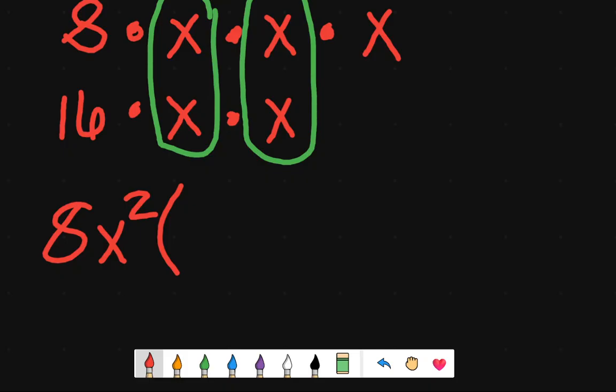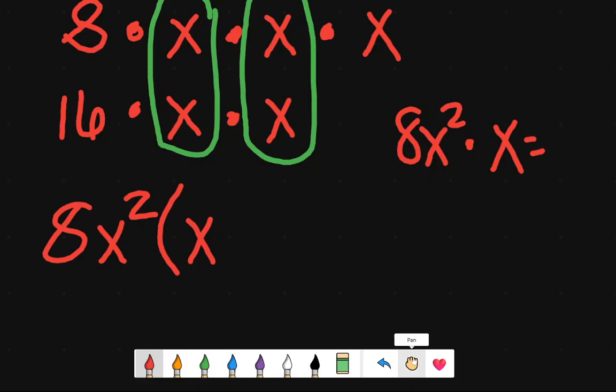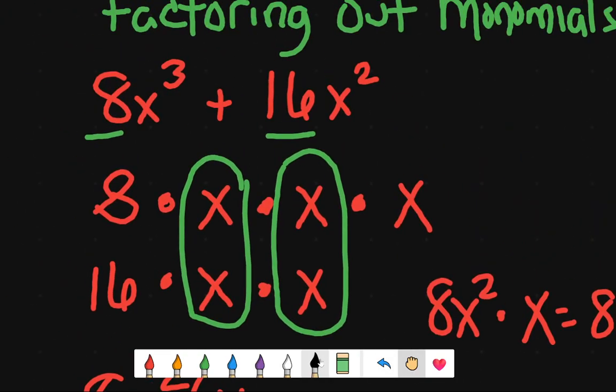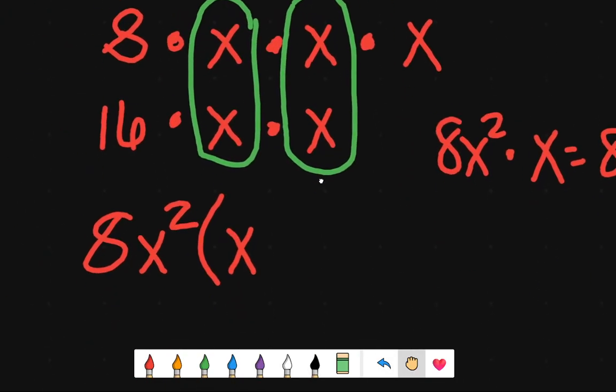Of course, you should say x to the first power, because remember, 8x to the second power times x to the first power equals 8x cubed, which is what you have in the original expression.